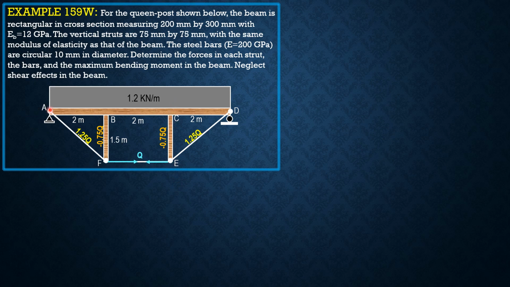Then the effect of this 1.25 Q to the beam is to compress the 6-meter length beam. So by summation forces vertical, this is 1.2 times 6 divided by 2, then minus the vertical component of 1.25 Q. That's why you have here negative 0.75 of Q. Same is true at D by symmetry.